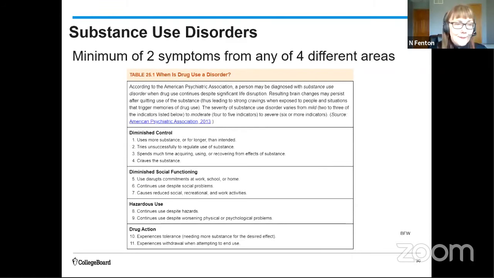They fall under these areas of diminished control, right? So the individual is trying to cut back, but then they can't. They're spending a lot of time consumed with craving or activities involved in gaining the substance, a kind of preoccupation with use. Then diminished social functioning.